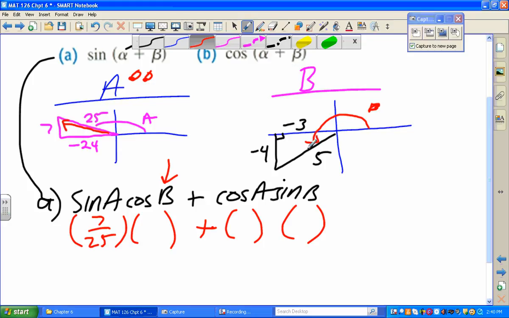I use my reference angle, and the cosine of it would be what? Yeah, it'd be negative 3/5. Adjacent over hypotenuse. Where's that? Negative 3/5. What's the cosine of A going to be? Any ideas? Yeah, negative 24 over 25.